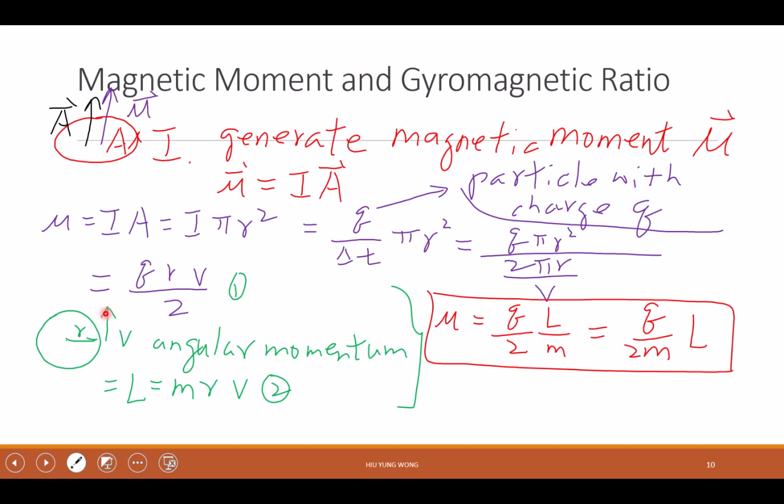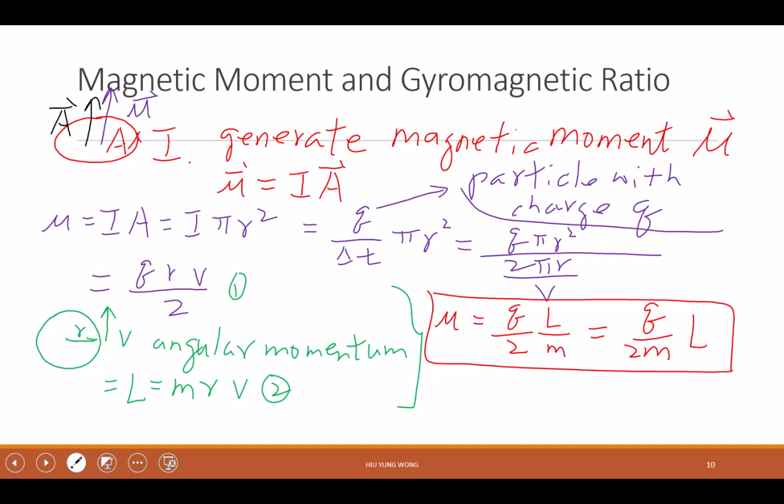Okay, so it's okay if you forget everything here, but this is background if you want to go deeper. The most important thing is a charged particle with angular momentum, that means it must be traveling, will give you the corresponding magnetic moment. Again, take it for granted.